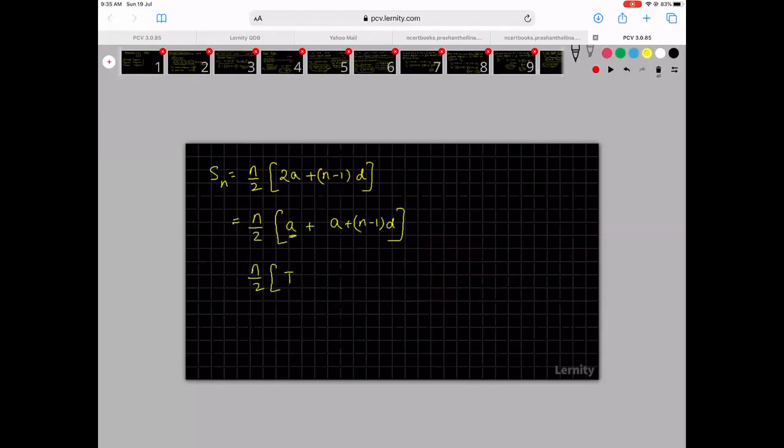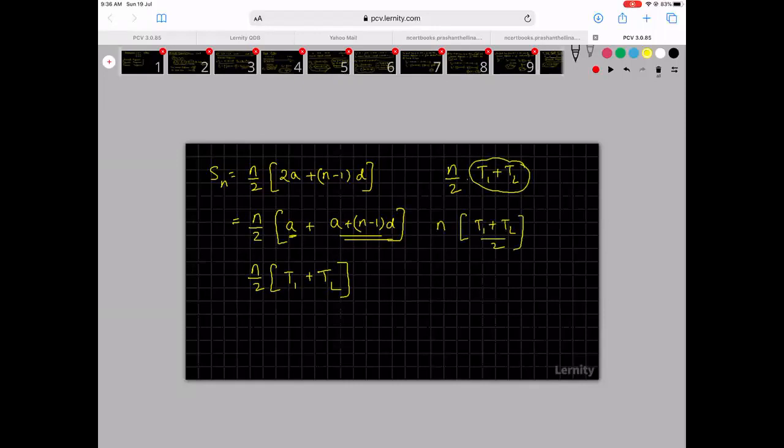T1. What is this T last? So the sum of n terms of an AP can also be given as n by 2 into T1 plus T last. Yeah, n by 2 into T1 plus T last. I can now write it as n into T1 plus T last by 2.